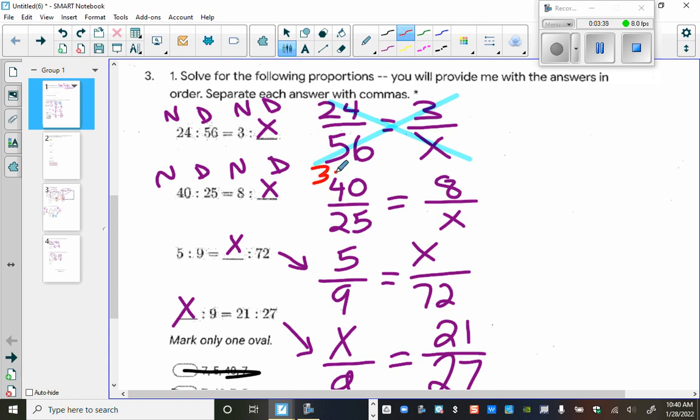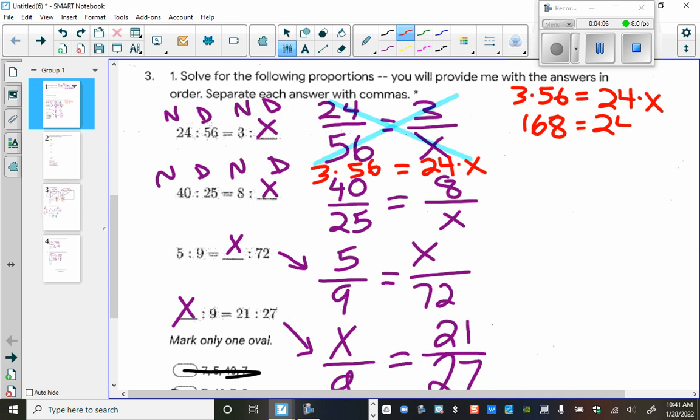So then you would multiply 3 times 56, and then 24 times x. Now 3 times 56, I'm going to rewrite it up here. What is 3 times 56? It's 168. So you have 168 equals 24x. And then to solve for x, what's our last step? We have to divide by, what are we going to divide by in both cases?